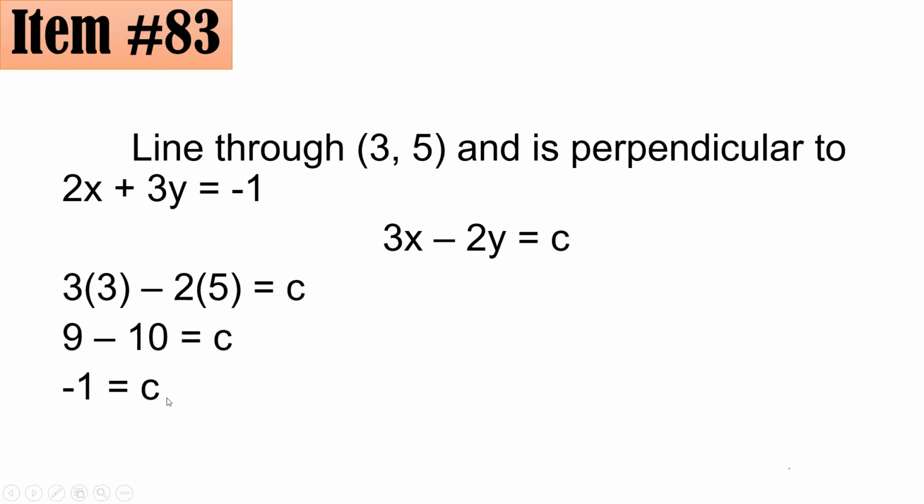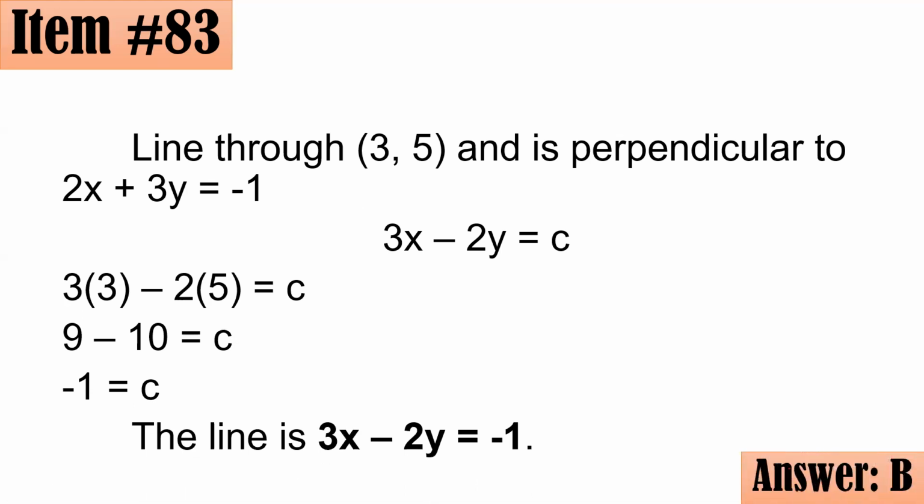At dahil meron na po tayong value ng c which is negative 1, bumalik po kayo dito and substitute c with negative 1. That's why the line that we are looking for is 3x minus 2y equals negative 1. And that is letter B.